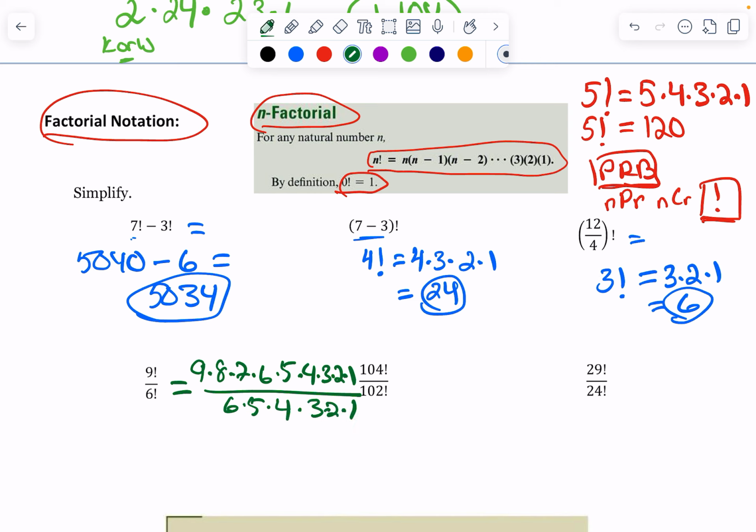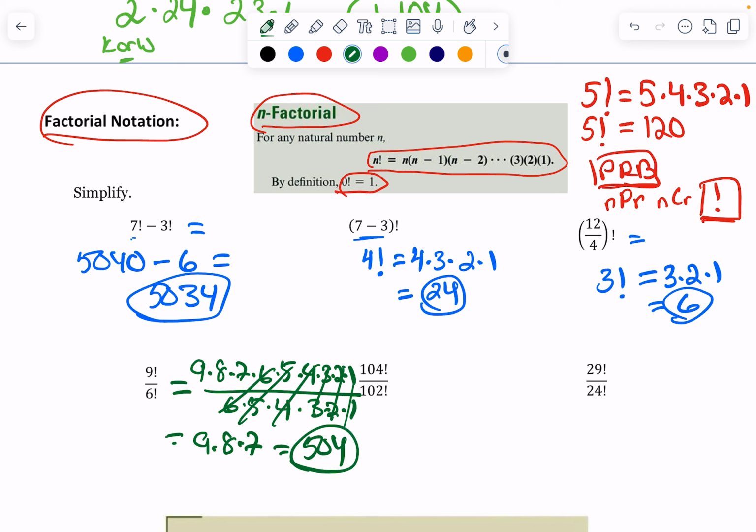You can see that we have numbers on the top and the bottom, so we can simplify by all of those numbers. What we end up with is 9 times 8 times 7, which gives us 504.